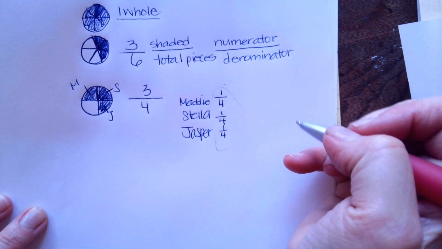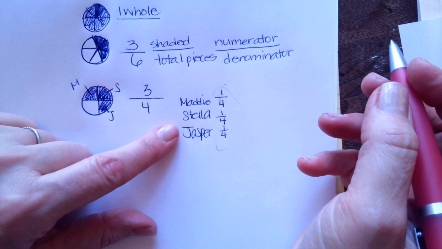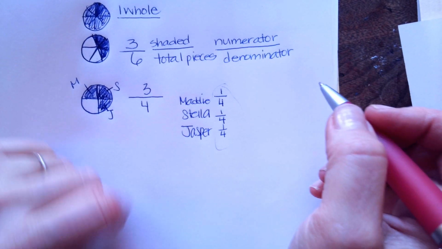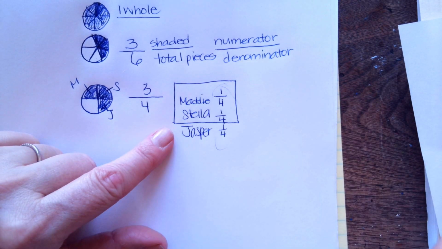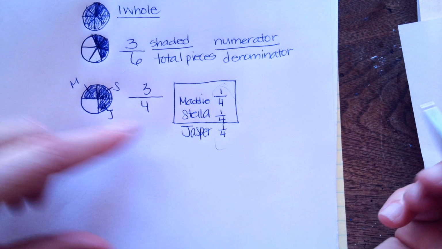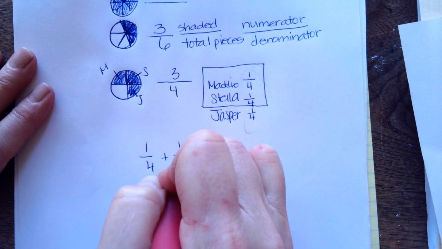So what we can do if we want is we could say, if Maddie ate 1 piece and Stella ate 1 piece, let's add those up. How many pieces did Maddie and Stella eat total? So we're going to say 1/4 plus 1/4.